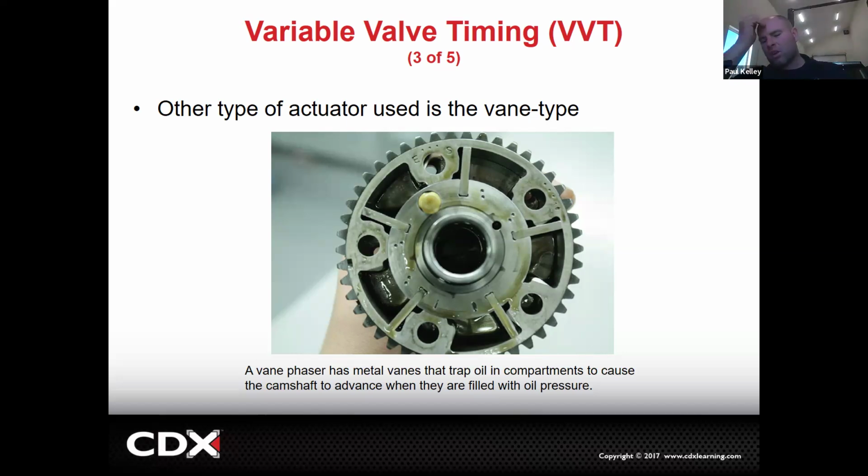Okay, so that's how it's variable valve timing. The chain isn't moving, the chain's still lined up. When we set the timing chain, we're just lining the marks, the orange or yellow marks, to the dots, we're good. Then oil will build up behind these little vanes, and it'll actually push it clockwise for advanced, counterclockwise for retarded.